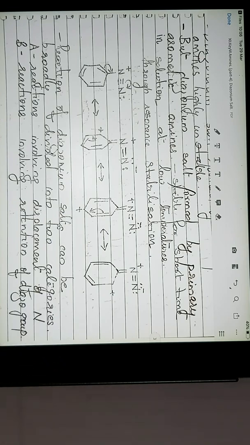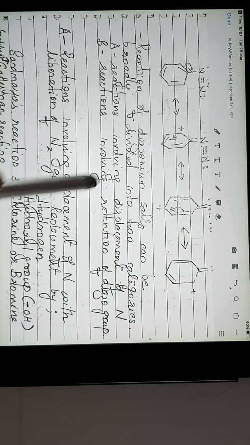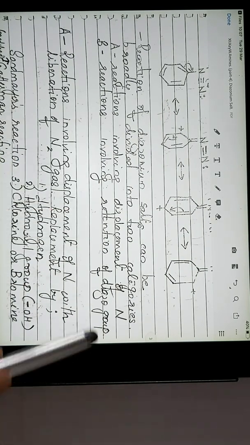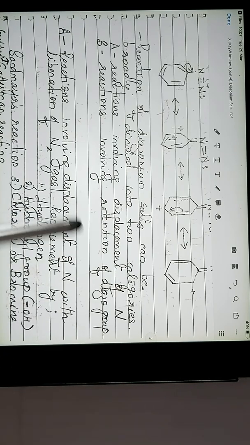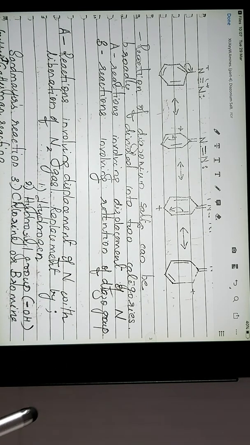The other, in which the diazo group is retained and not involved. So these are the two categories of reactions in which diazonium salt is involved.